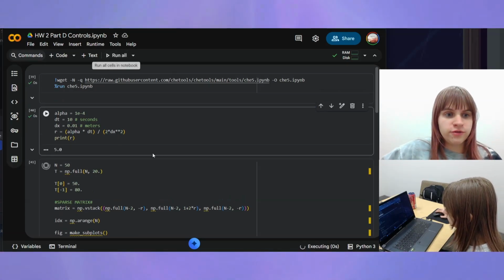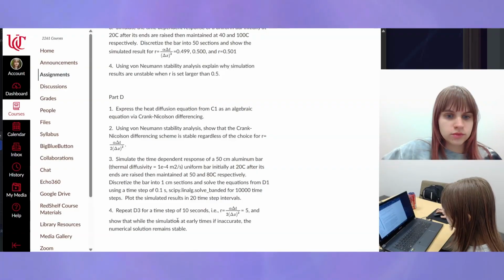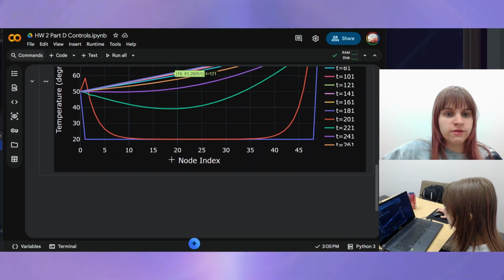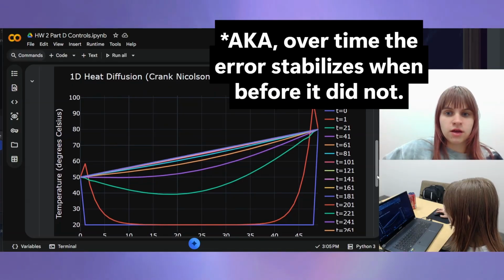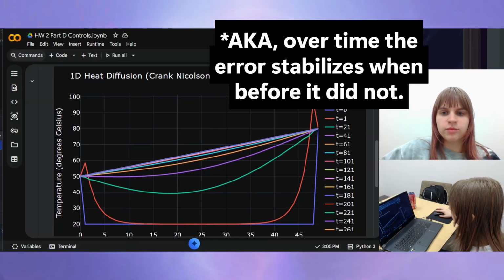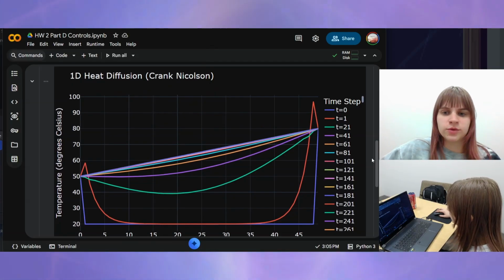With R equal to 5, it can be inaccurate towards the start, but we don't have those crazy oscillations that we had in part C that, like I said, made it completely unreadable and unusable. The graph was not usable.